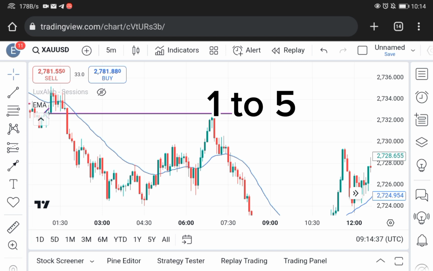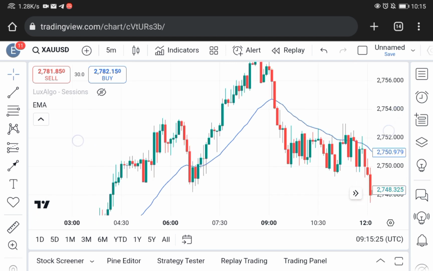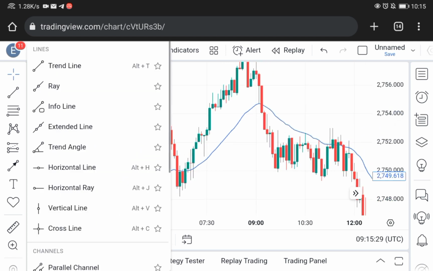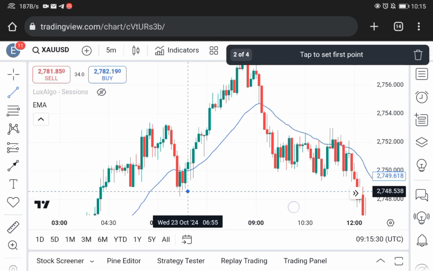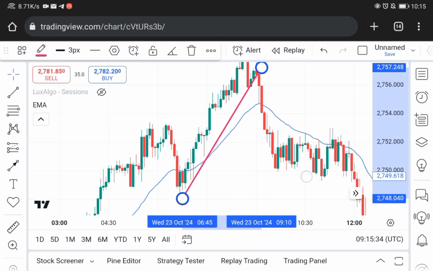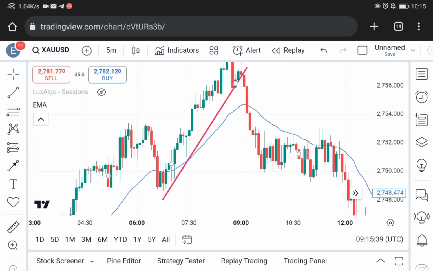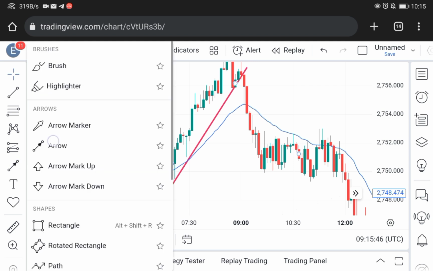For the bearish scenario, you can see this market has been bullish to the upside. Before we know, the market closed below the 30 EMA.